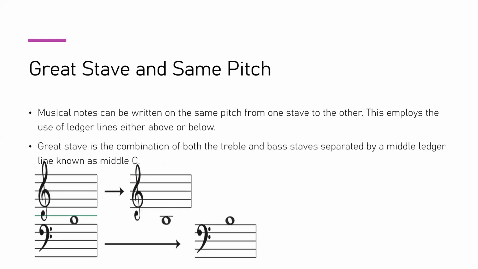Now, we want to quickly talk about great stave and same pitch writing. Musical notes can be written on the same pitch from one stave to the other, meaning you're writing a particular piece of music from either the treble stave to the bass stave or bass stave to the treble stave, as the case may be.